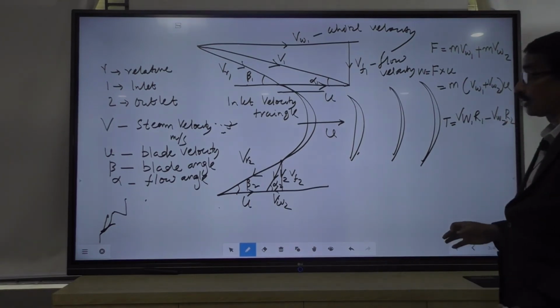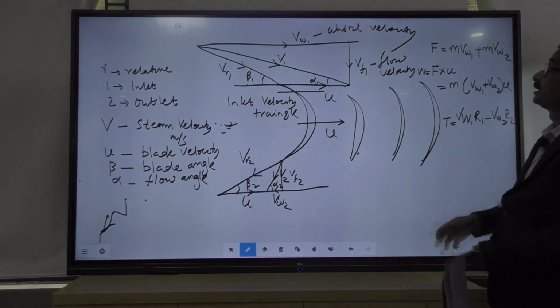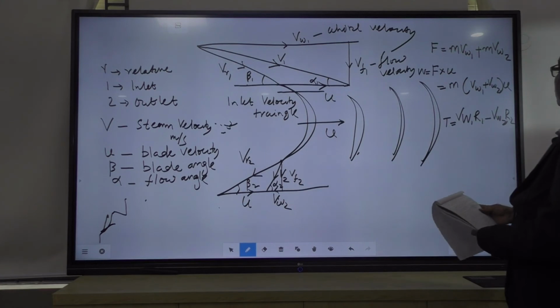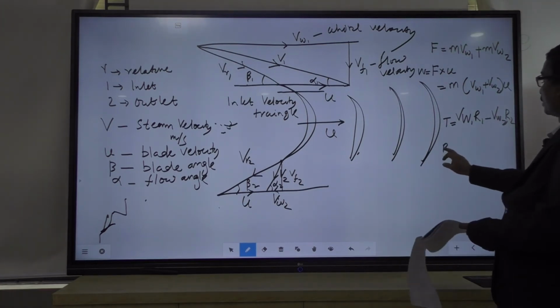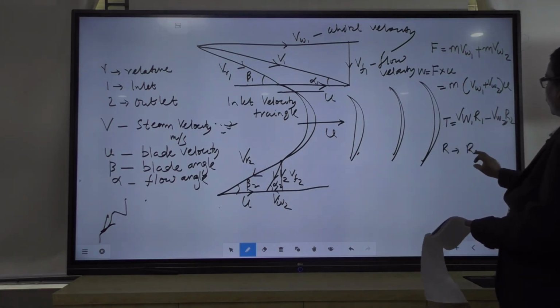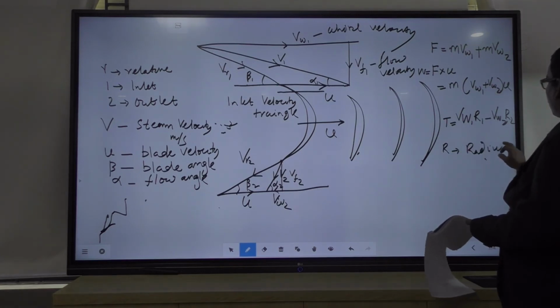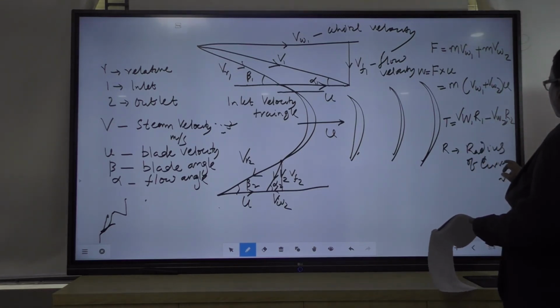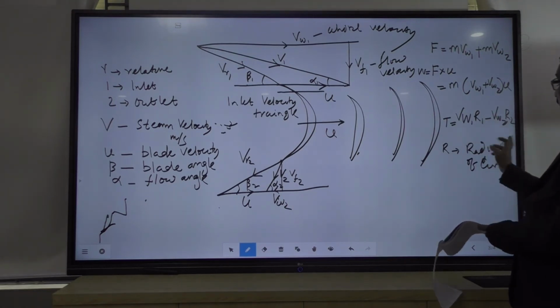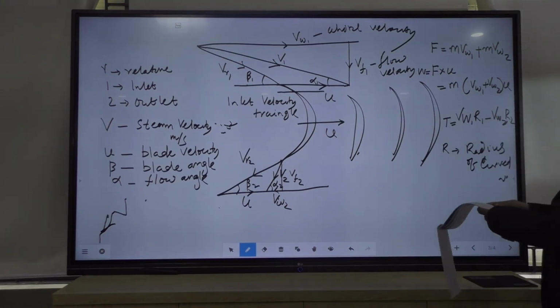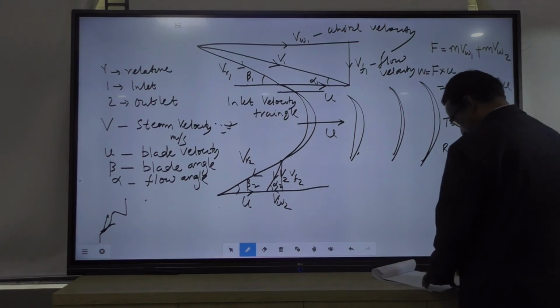Here R1 and R2 are the radii of the two blades, known as the radius of the curved blade. At inlet it is R1, at outlet it is R2.